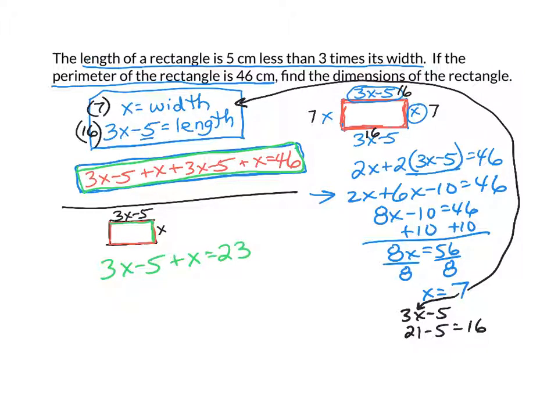Half of the perimeter is 23. If I solve this, 3x plus x is 4x. I have 4x subtract 5 is equal to 23. I'm going to add 5 to both sides. I get 4x is equal to 28, and x is equal to 7.